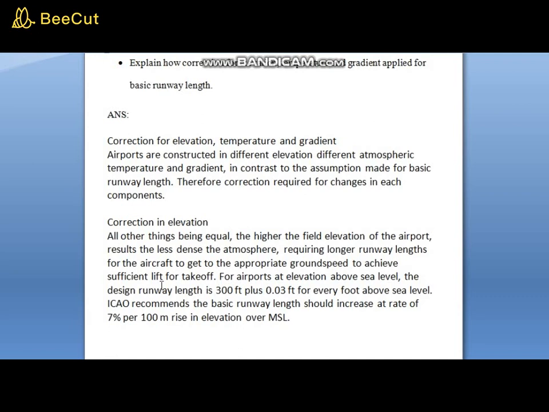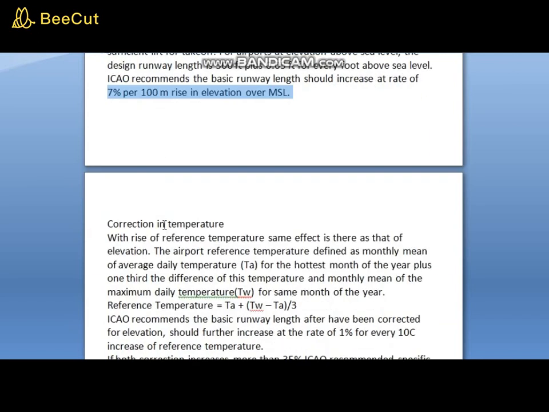For airports above sea level, the runway design length is 300 feet plus 0.03 feet for every foot above sea level. ICAO recommends the basic runway length should be increased at a rate of 7% per 100 meter rise in elevation over mean sea level. This was regarding correction in elevation.